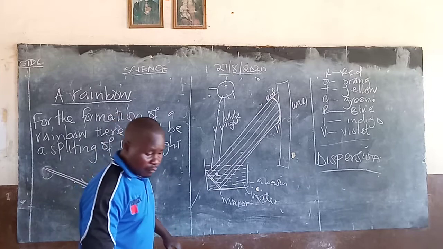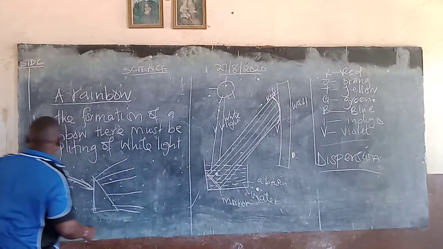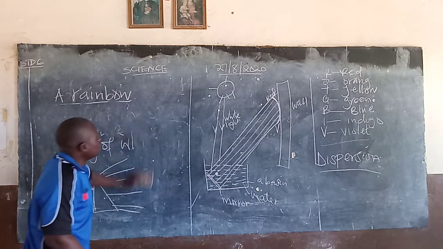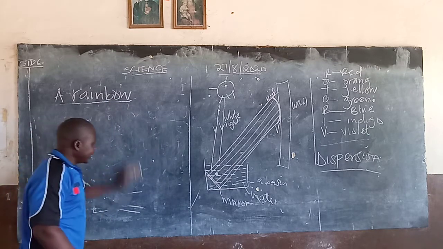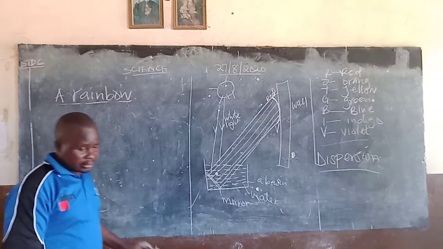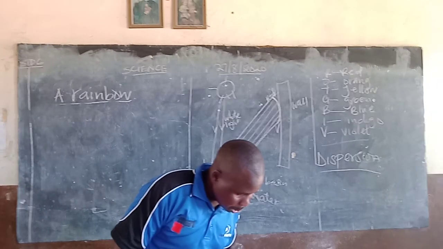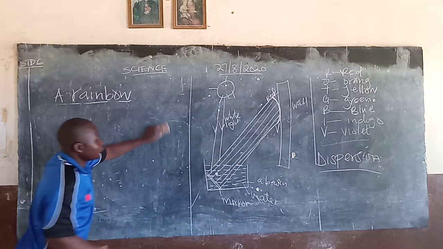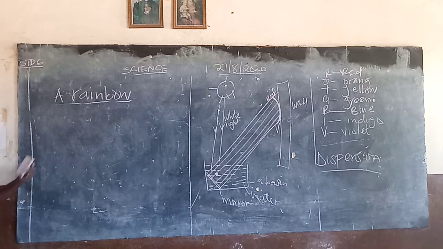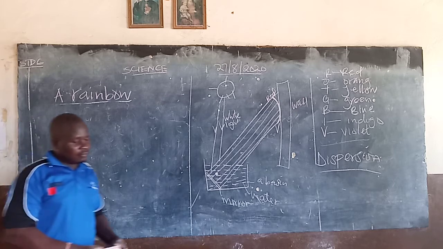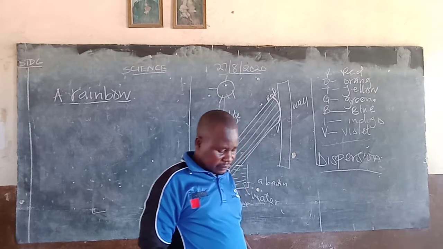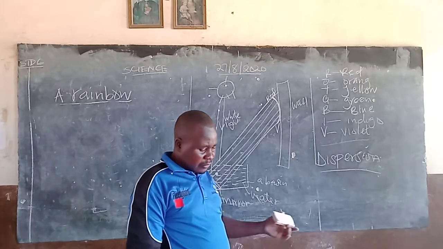So the splitting of white light to form a band of colors is called the dispersion of light. Then we have a band of light like those of a rainbow.